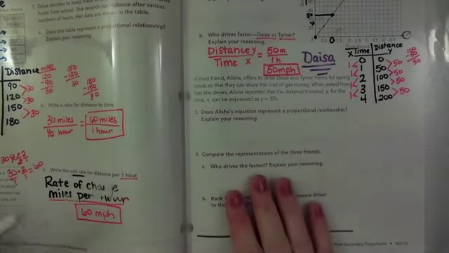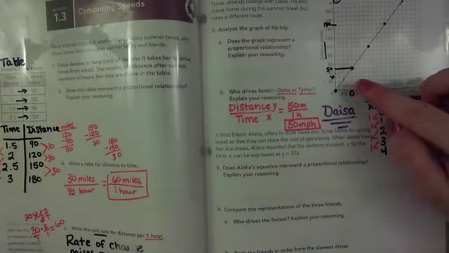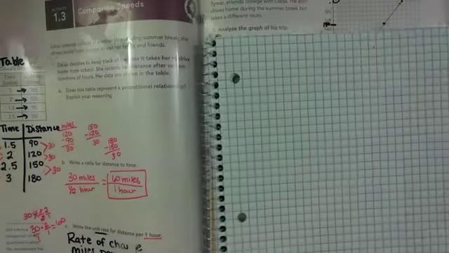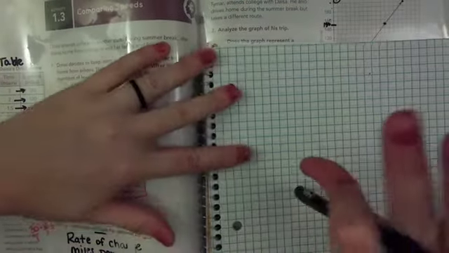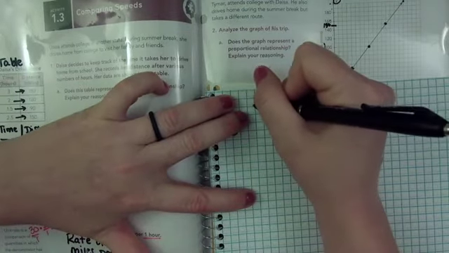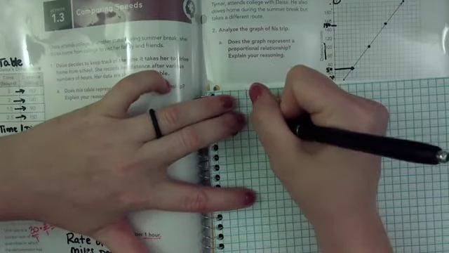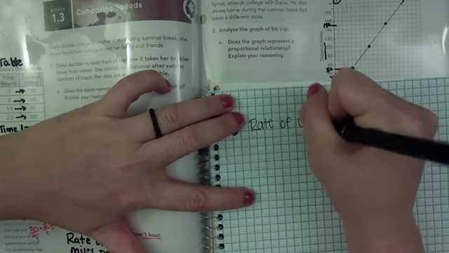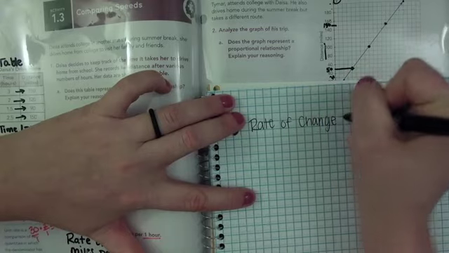Okay, so again, we took these points off of this graph and we put it here. I do want to write in our notebook rate of change. So we're starting, I'm just going to put rate of change. You could title the notes that too.